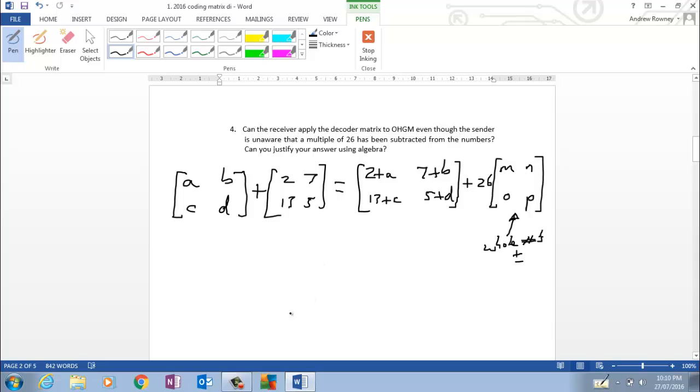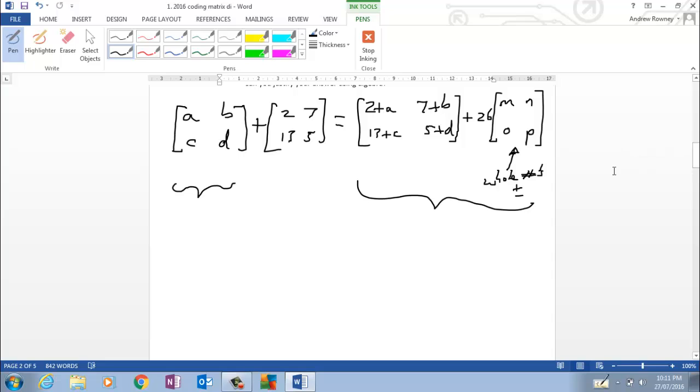Now I can see that the receiver, if they decode this, is getting something from here, and they have to try and get the original message here. Now, is that possible by subtracting off the coding matrix? So we'll have a go at that now.